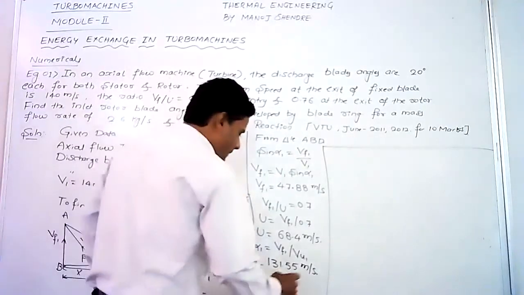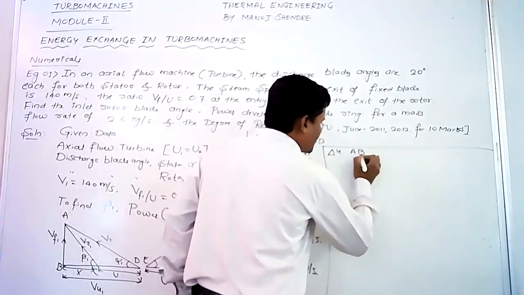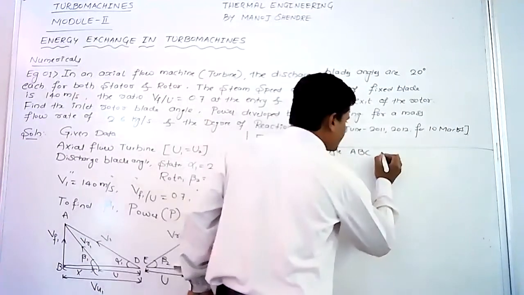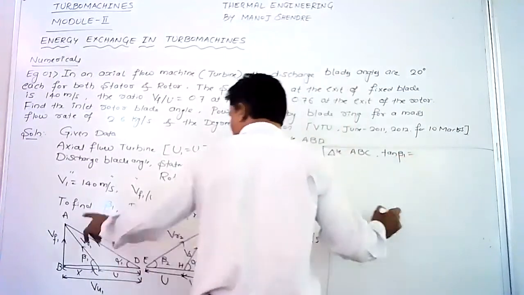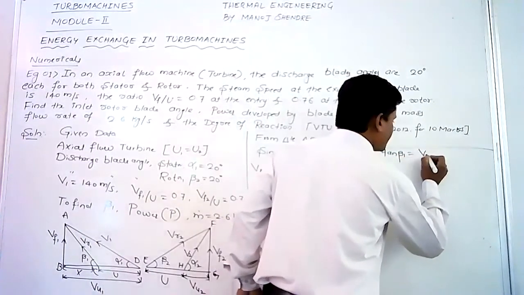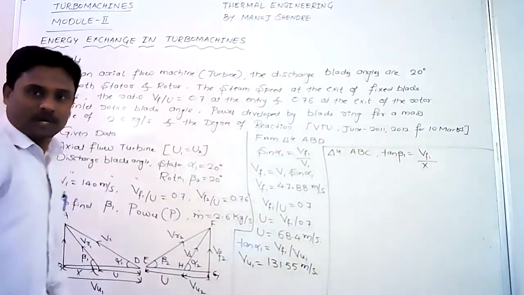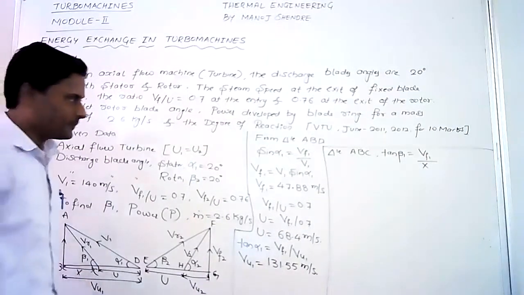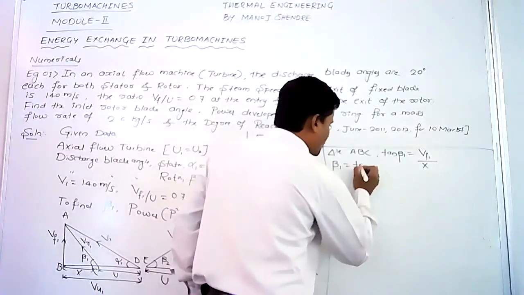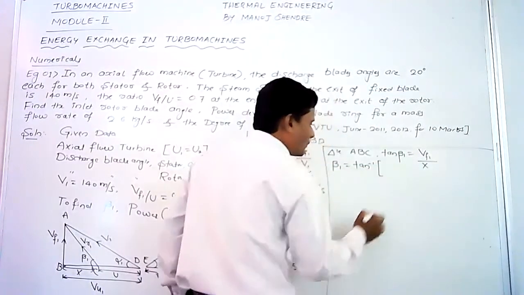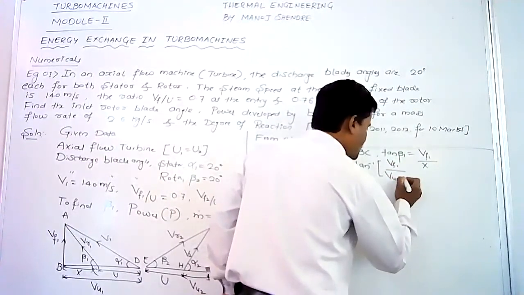From the velocity triangle ABC, tan beta 1 equals opposite, Vf1, divided by base, X, where X is Vu1 minus U. So beta 1 equals tan inverse of Vf1 divided by (Vu1 minus U).